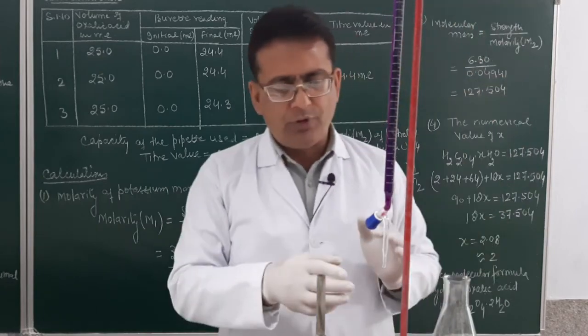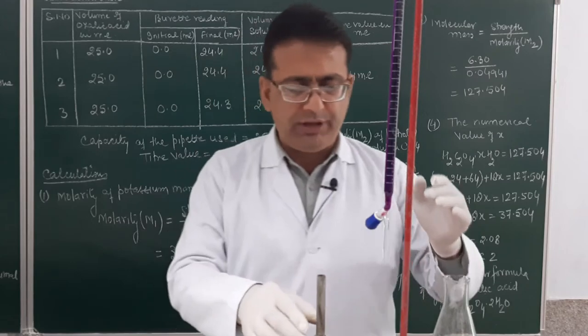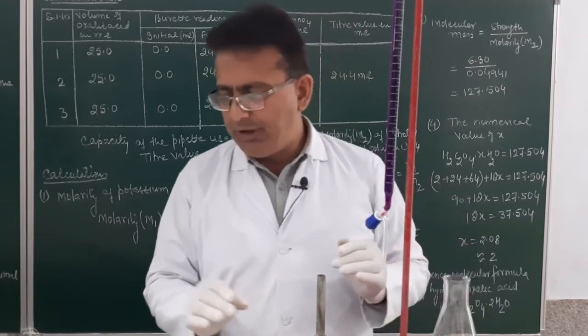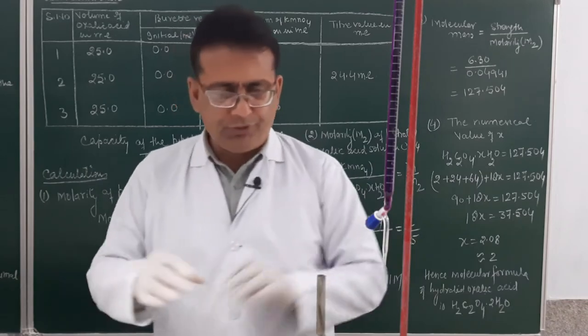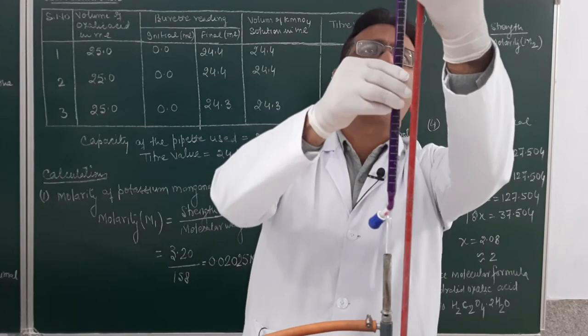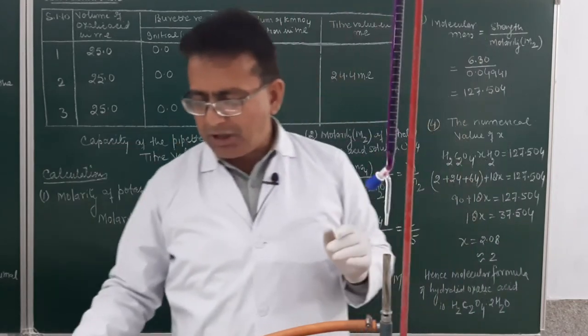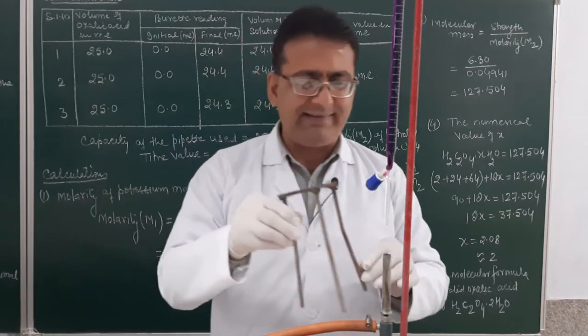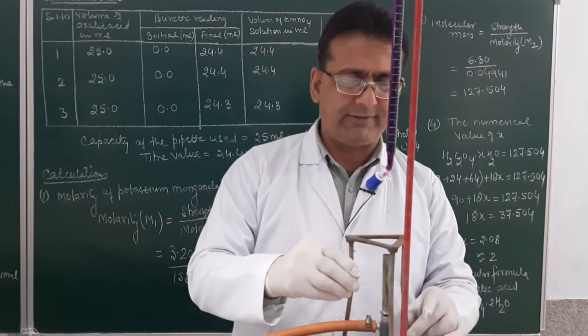So I'll just heat it. For heating, what is required? We need a tripod stand for this purpose. This is a burner. A burner is being put over here. And now we will put a tripod stand over it. You can see it over here, this way. The tripod stand will be put on this.